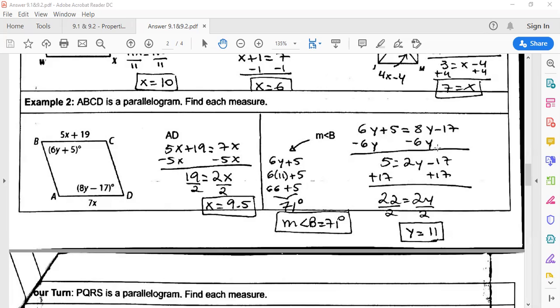Subtract 6y from both sides: 5 equals 2y minus 17. Add 17 to both sides: 2y equals 22. Divide by 2 and y equals 11. So when y is 11, these two angles are congruent, which confirms it's a parallelogram.